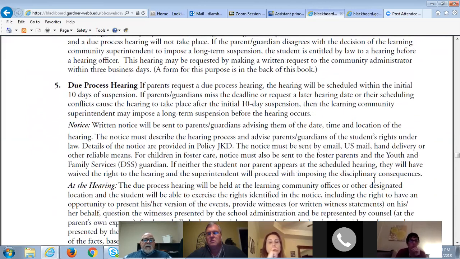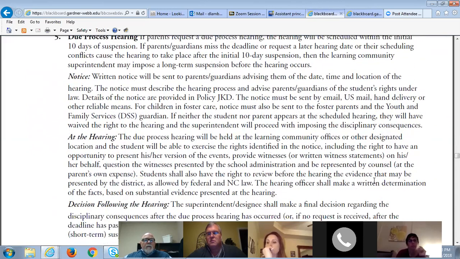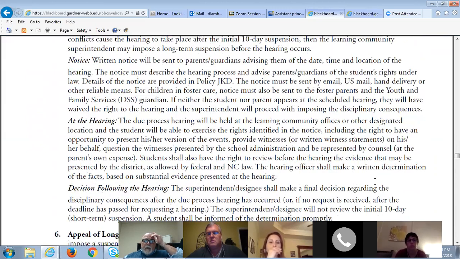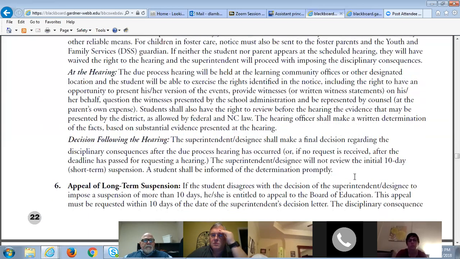The due process hearing itself, the parent comes in and the student has the right to be represented by an attorney. The school district will be represented by an attorney. You'll have a hearing officer, and that person has to write it up and make a written determination.